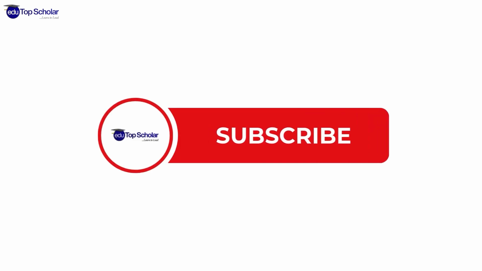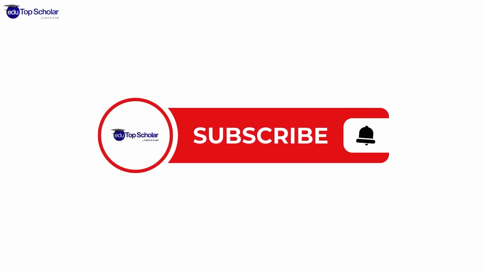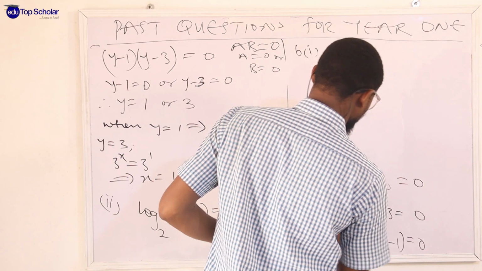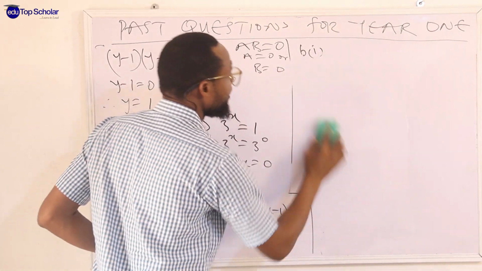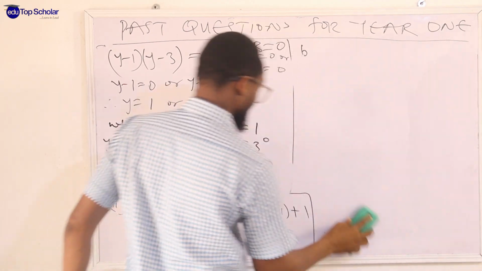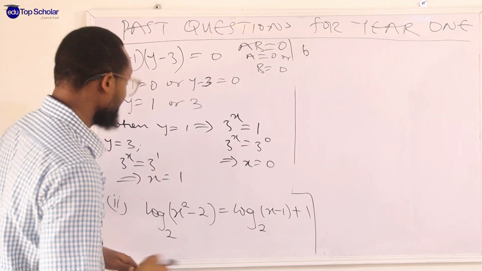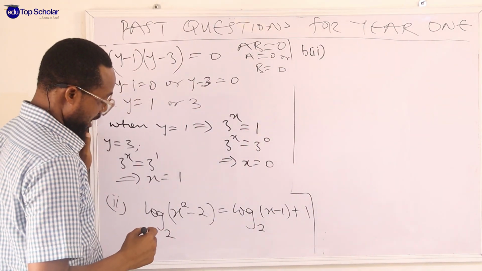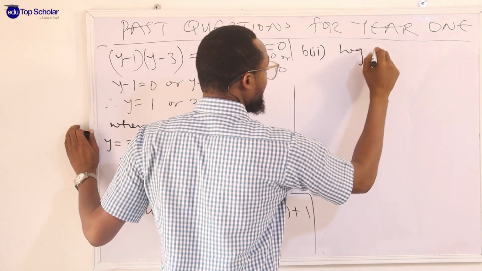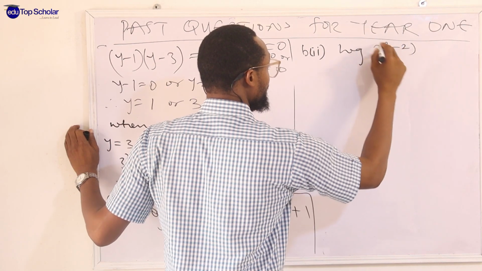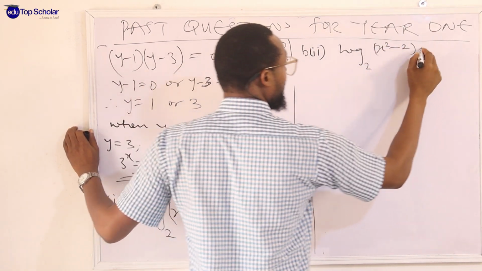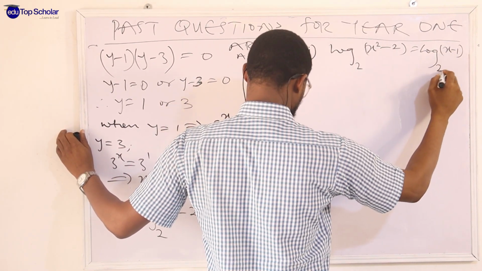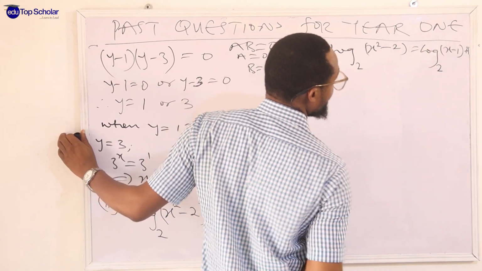And now we want to go to the final question here, B2. You can see the way the question is structured now: just 2 simple questions for A, another 2 simple questions for B. So we have log of x squared minus 2 base 2 equals log of x minus 1 base 2, plus 1.